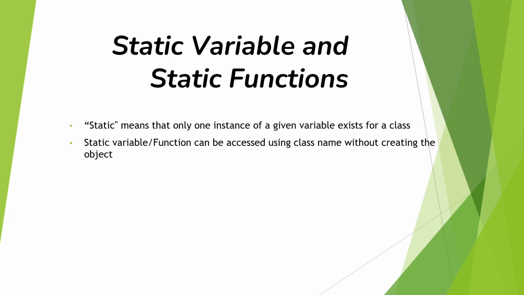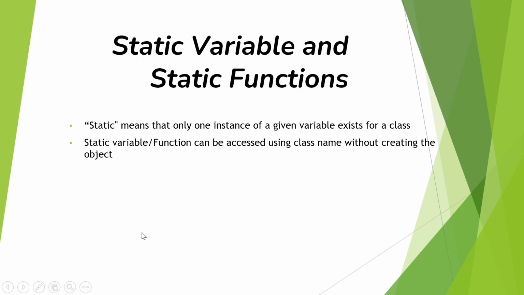If you have created a class and you have defined 10 different objects, every object will allocate their own memory, and in that memory they will have their own variables. But static is just one variable which can be accessed by all the objects. Every object does not have a dedicated memory allocated for a static variable. So that is static. If you're changing the static variable value, that will affect all the other objects also.